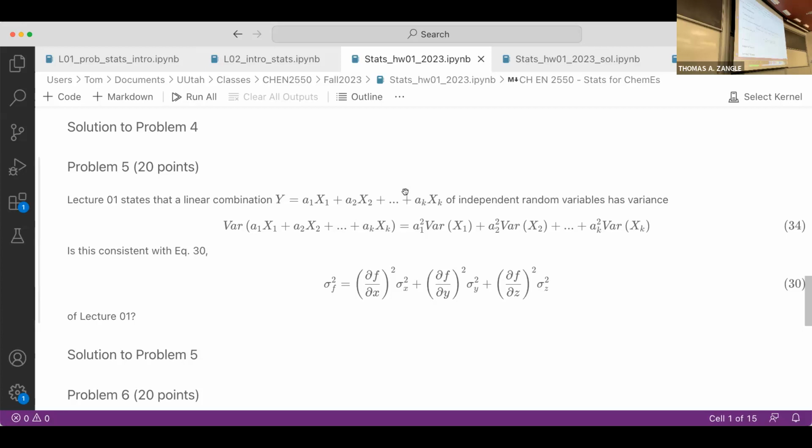Let me give another direction. So let's say our function f is a1 times little x plus a2 times little y plus a3 times little z. Then is this expression for the variance in f consistent with what you would get by plugging in that up above, that equation 34?